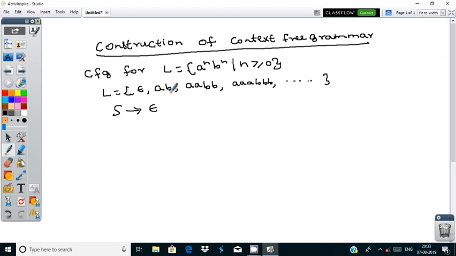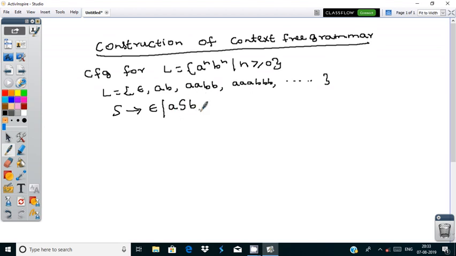But the a's and b's are getting repeated equivalently. When there is one a, obviously there should be one b, and if two a's are there, eventually it should lead to two b's. So how do we generate this? We will have a on the left side, S as a non-terminal, and b on the right side.